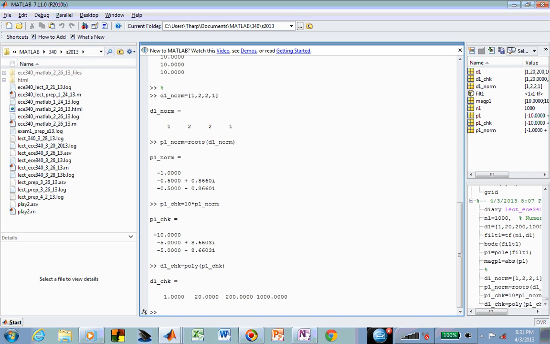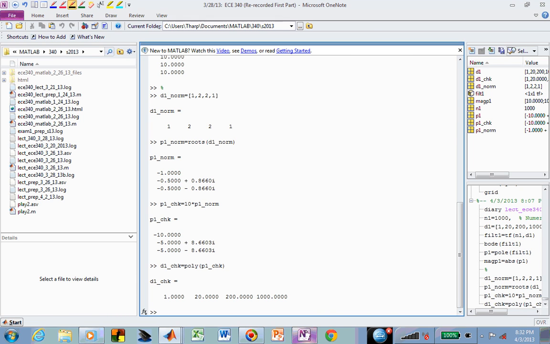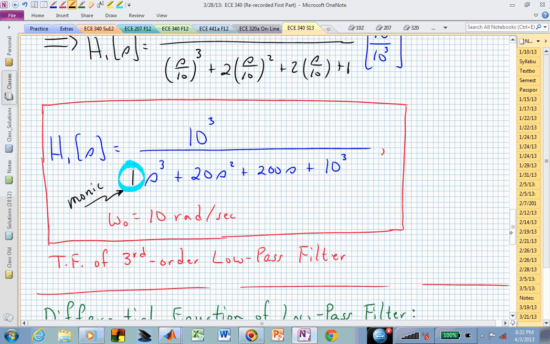That is consistent with what we had before, so now we have this other way of producing this transfer function that has a bandwidth of 10 radians per second. We can do it immediately, or we could build it up from the normalized set of poles and the numerator expression.